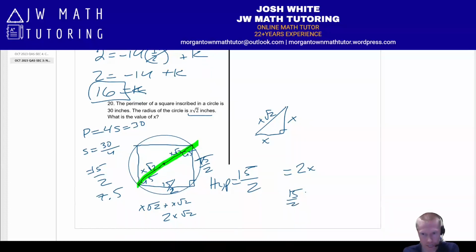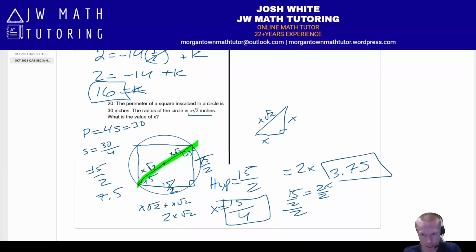So we really have 15 halves equal to 2x, and then you just divide by 2, x ends up equaling 15 over 4. Or if you wanted to do it as a decimal, you could grid in 15 over 4, or as a decimal, you could also grid in 3.75. So either would be acceptable, but that's what the value of x itself is. Okay, again, 15 over 4, 3.75.